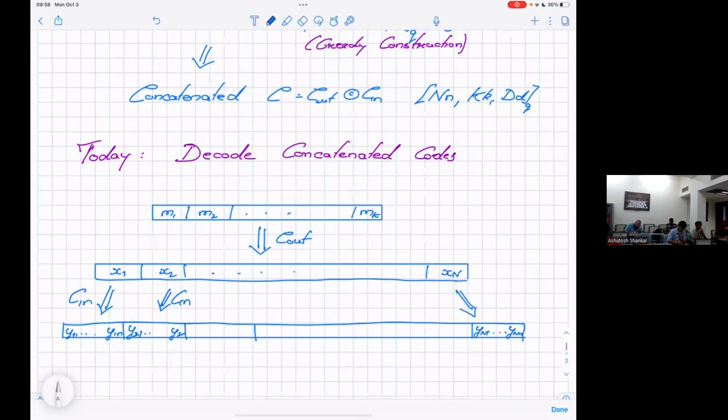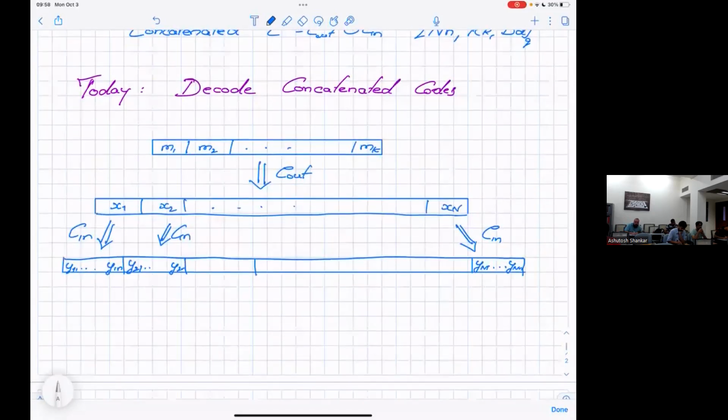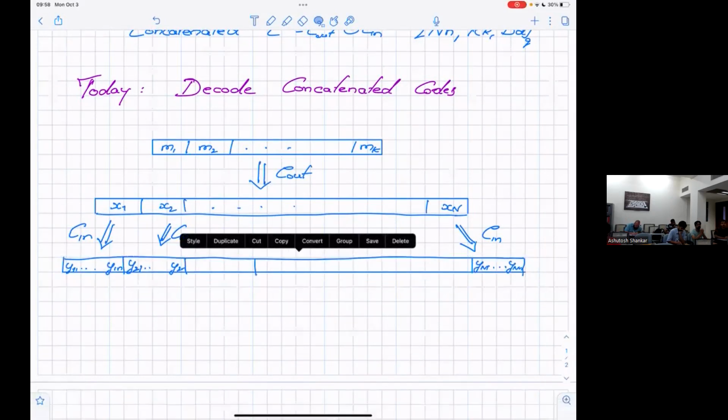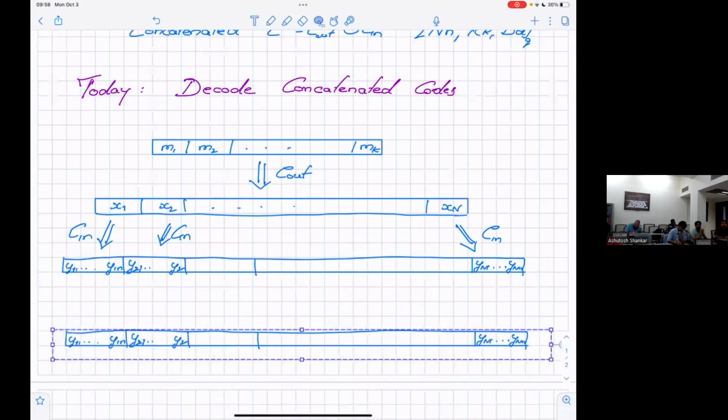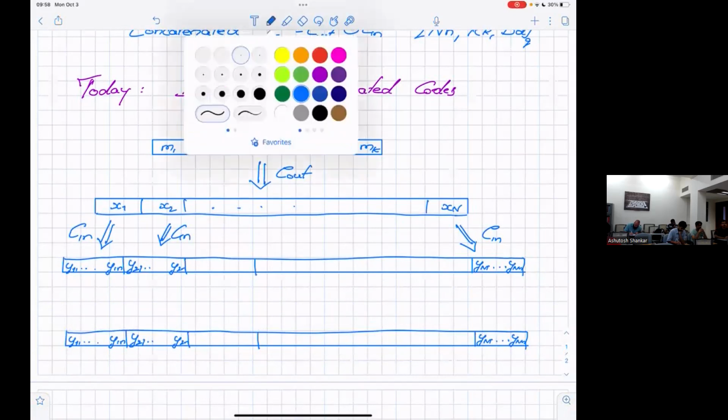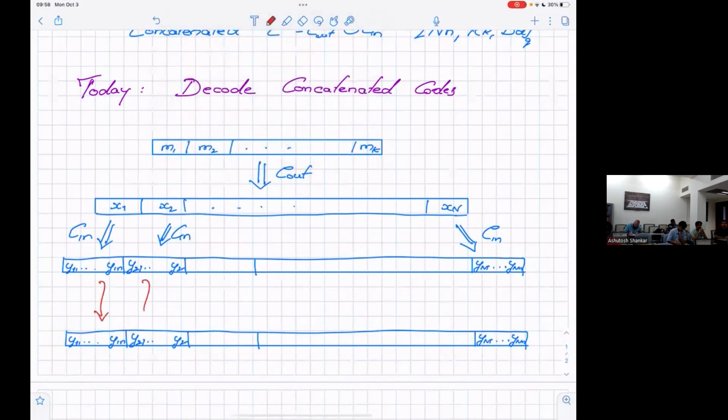That's the encoding process. Now, what's the decoding question? In principle, this thing goes through a channel, and there's a corruption that happens.